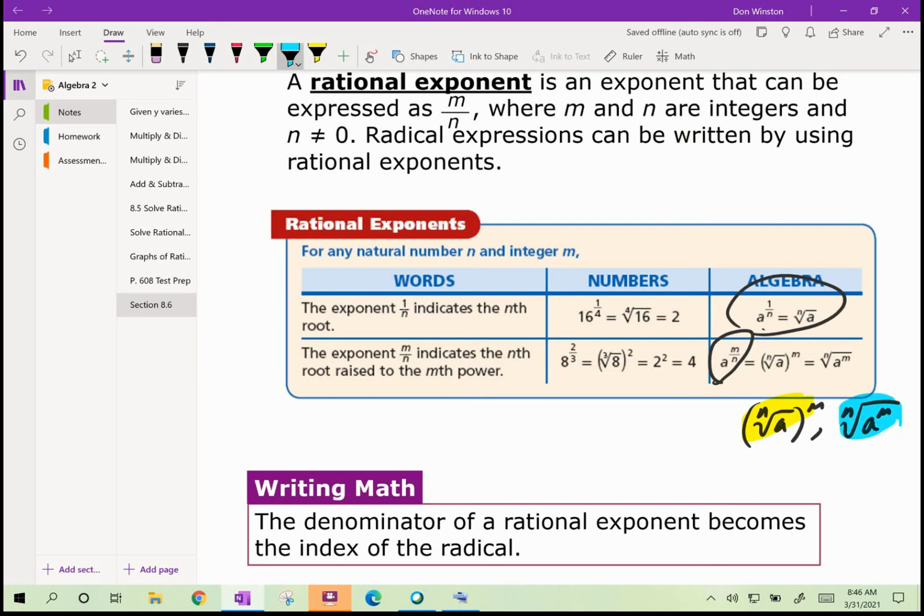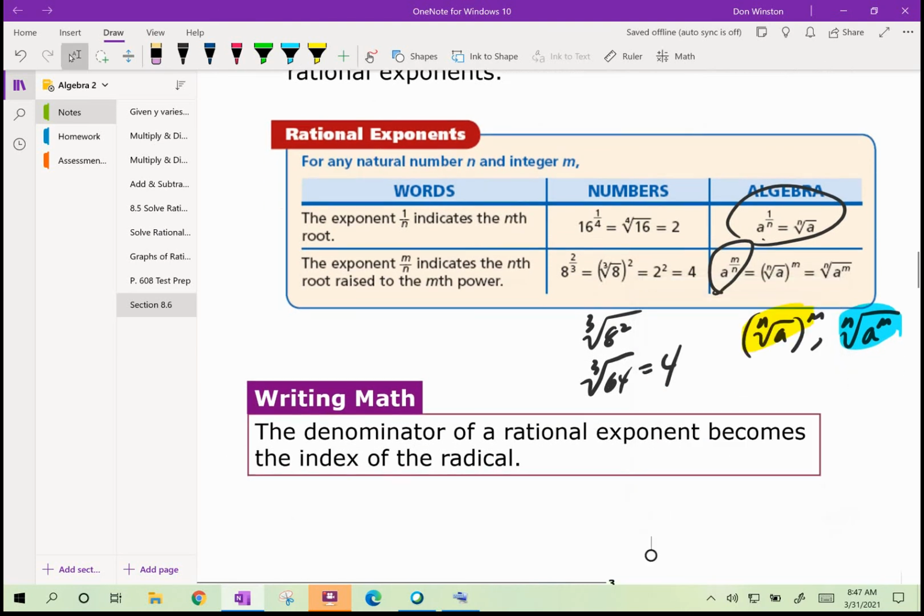For example, 8 raised to 2/3 is the cube root of 8 squared. The cube root of 8 is 2, and 2 squared is 4. But I could have just as well said this was equal to the cube root of 8 squared, which is the cube root of 64, which equals 4. Either one would have been fine, except sometimes it's much easier to work with one form than the other.